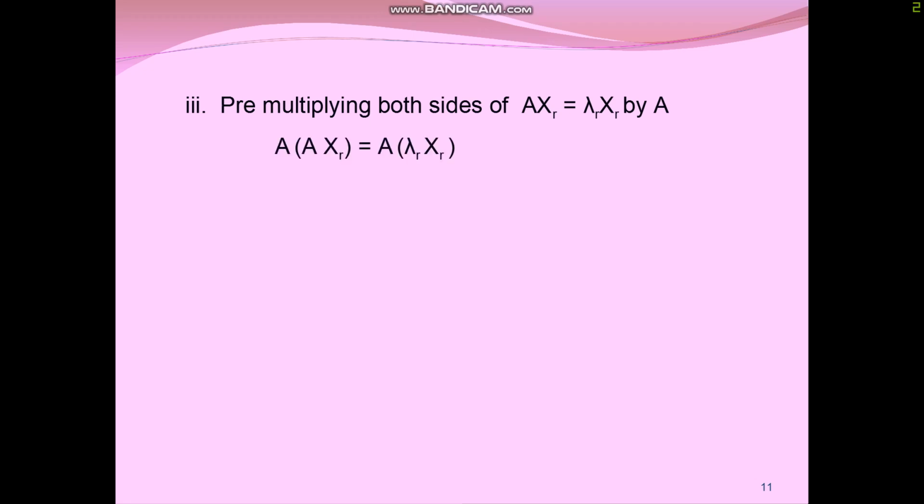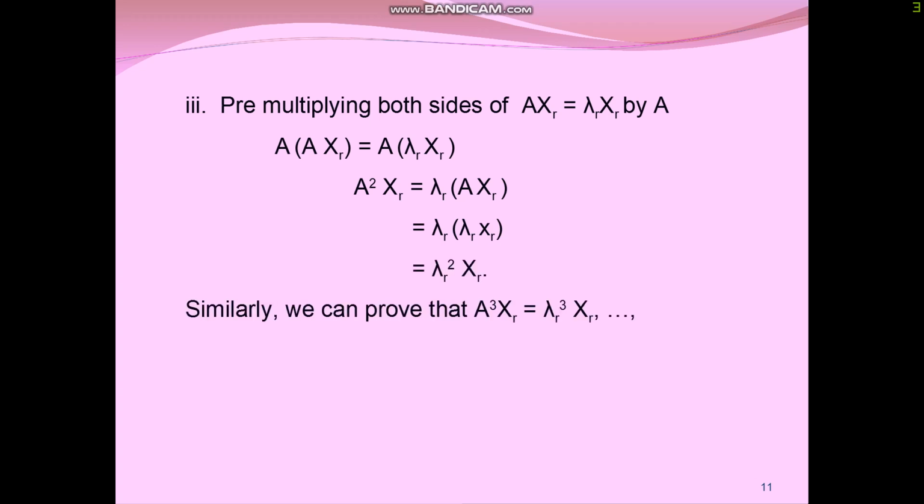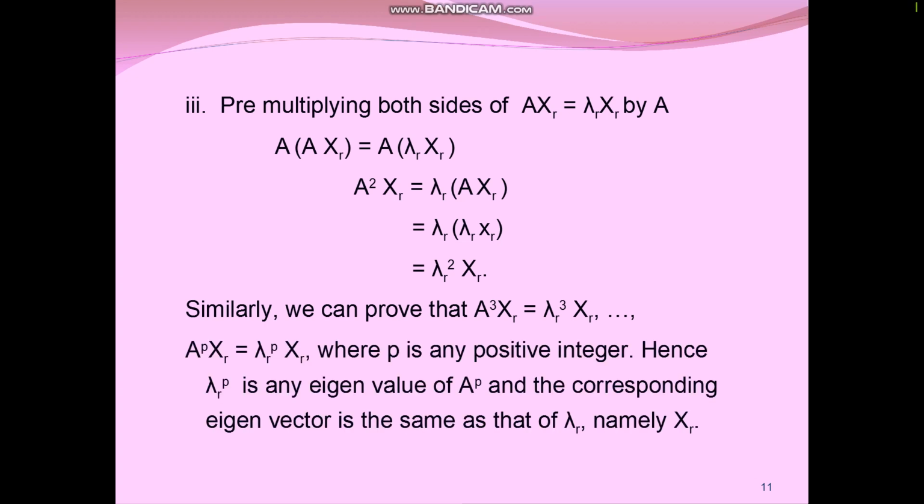Now pre-multiplying both sides of Ax equal to lambda x by A, then A squared x equal to lambda A x, and multiplying both sides by A. Similarly we can prove that A to the power p x equal to lambda to the power p x, where p is any positive integer.